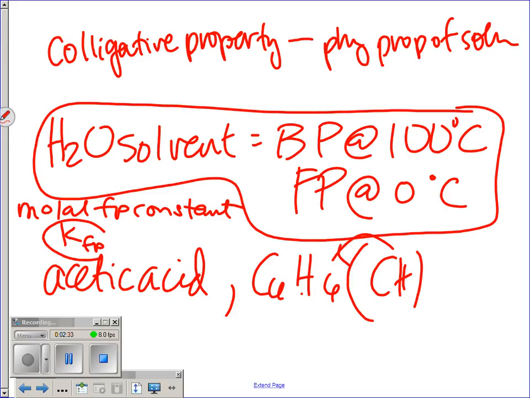KFP. If I said molal freezing point constant, you're thinking K. KFP for water was particularly 1.86 units, Celsius per molal, right? This is very particular to water as a solvent. I put that K table up on your Google Docs so you can see that different solvents have different K values just because they're different solvents, right?